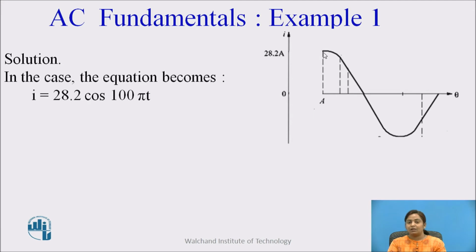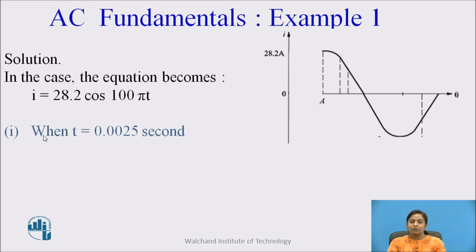After point A, if we consider the reference point A, then the shape of this signal is a cosine signal. So we can write the equation for this signal as i = 28.2 cos 100 pi t. The frequency is the same, only the shape is changed after point A, so we can write this equation like this.